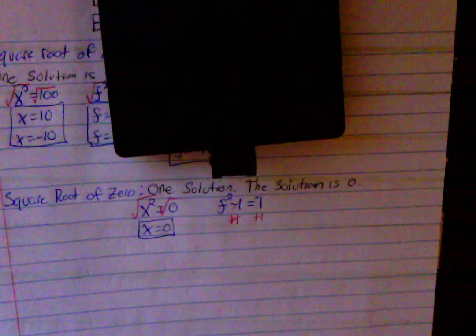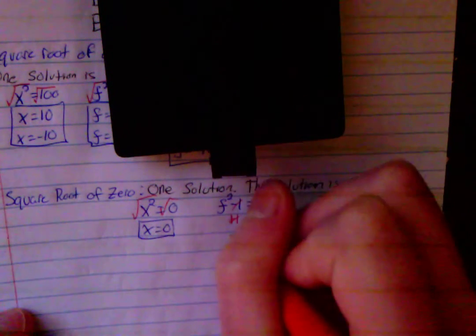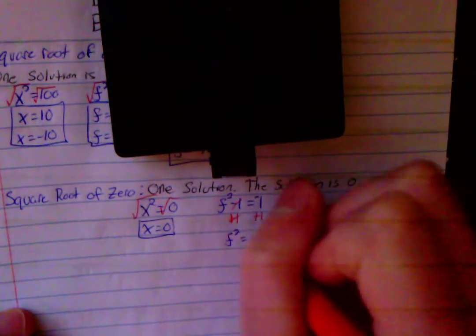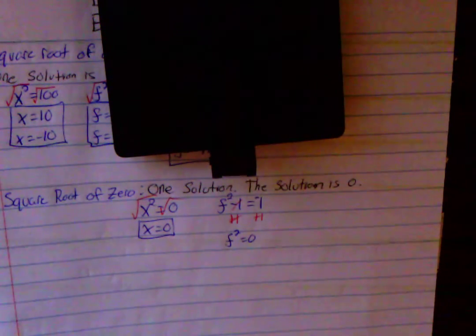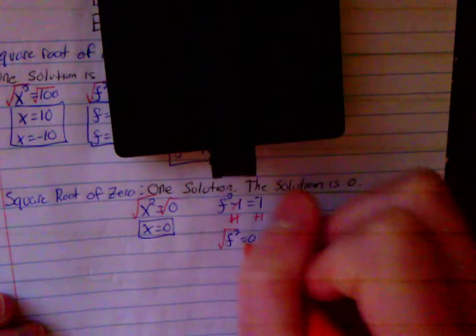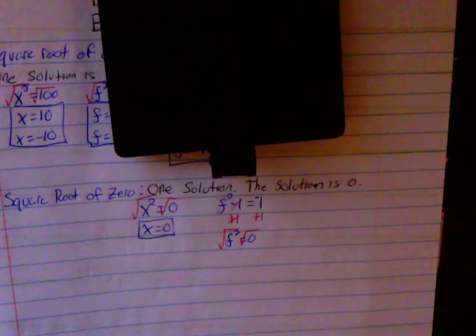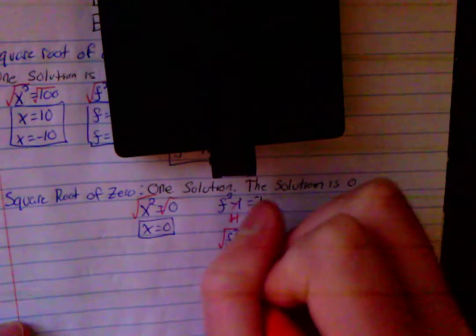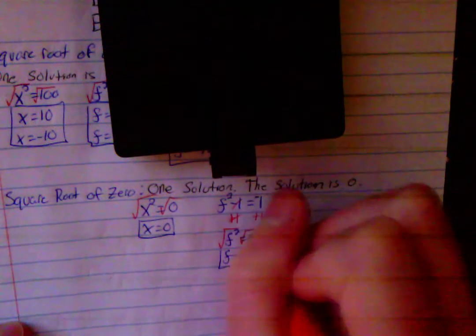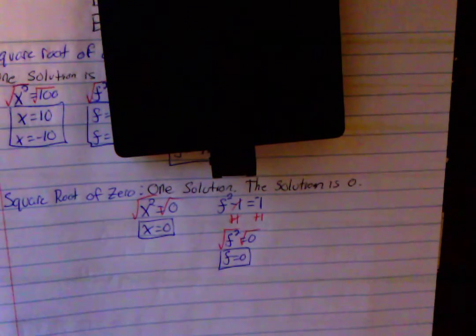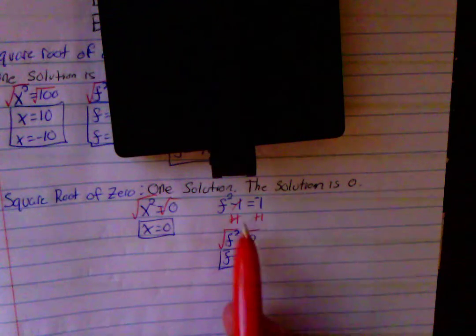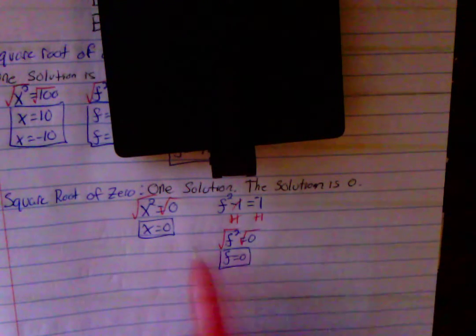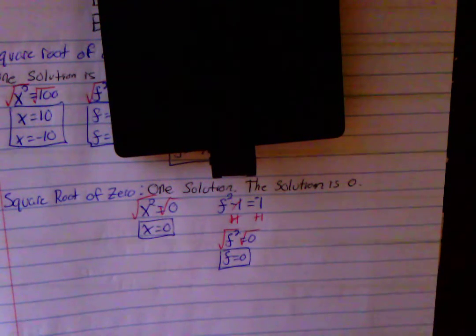And if we add 1, we would get f squared equals 0. Take the square root, and f equals 0. Okay, so if whatever squared equals 0, the answer is one solution, which happens to be 0.